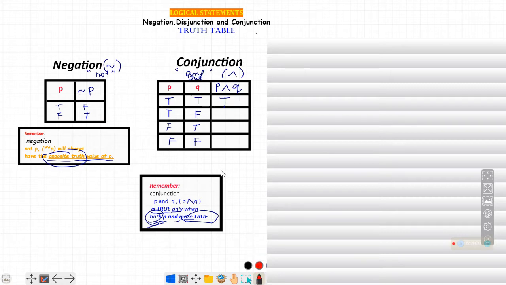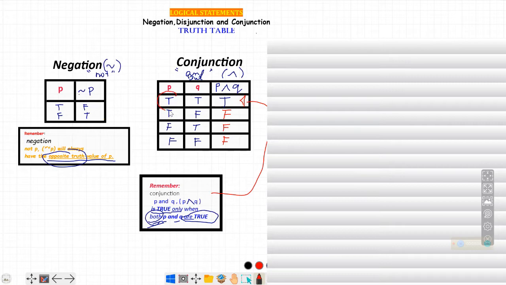Next, P here is true, but Q is false. Since it's not both of them, only one is true, the statement will be false. If P here is false and Q here is true, and only one is true, then still the statement will be false. And if both P and Q are false, then the conjunction will be false.